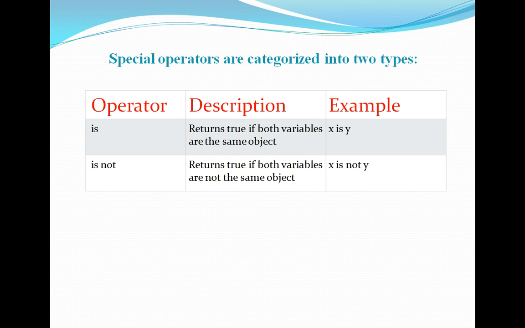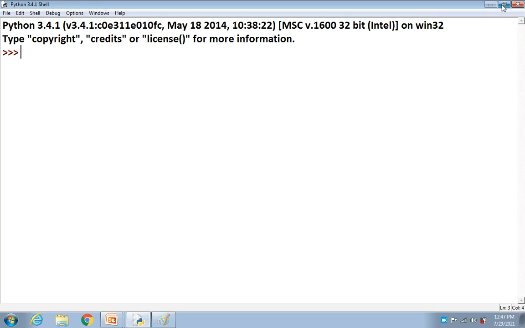Let's check this with the help of our Python IDLE. Let me take an example. Let us take a1 equals 'welcome back', and in a2 again I write 'welcome back'.